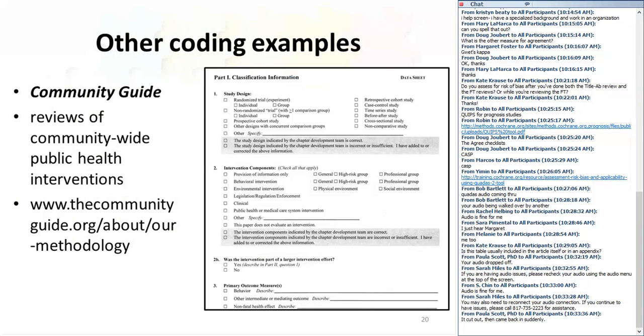So some other examples that are out there, the Community Guide, which is an online repository from a CDC group that looks at reviews of community-wide public health interventions. They are very generous in providing all of their methods, including their coding sheet, which is kind of long and might be a little bit daunting.